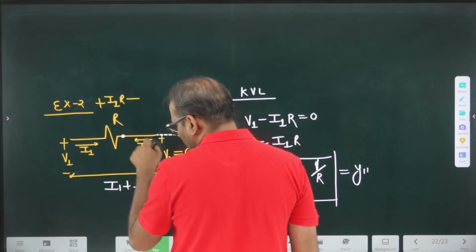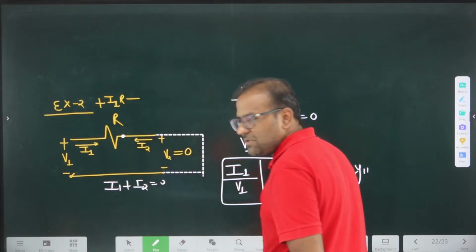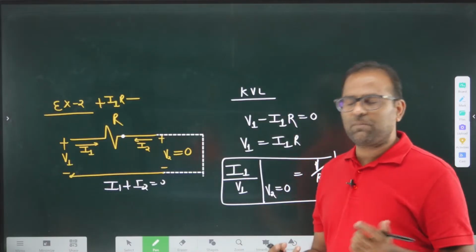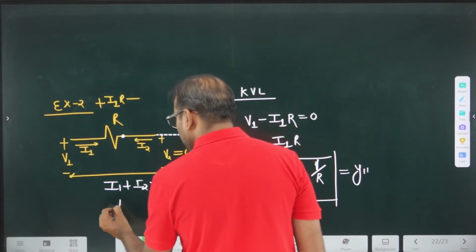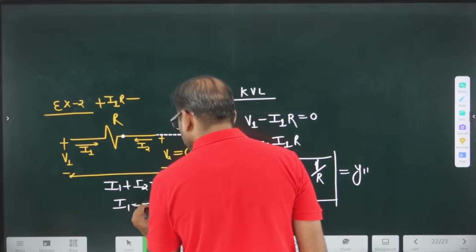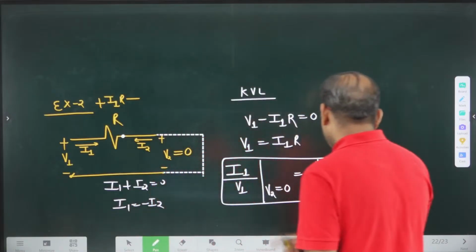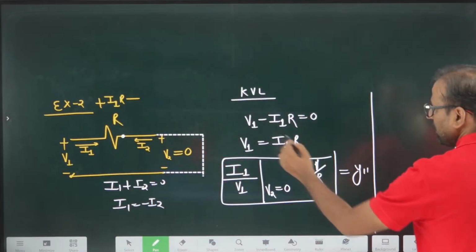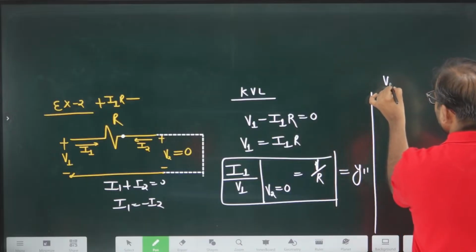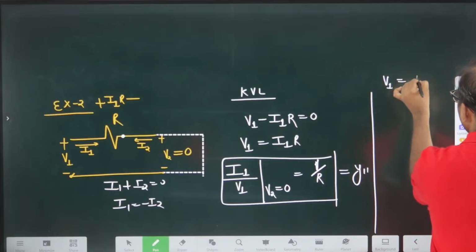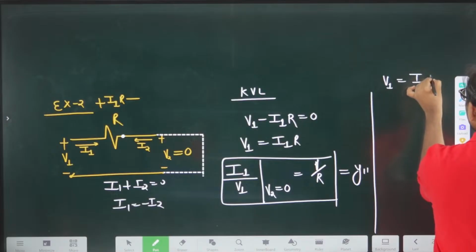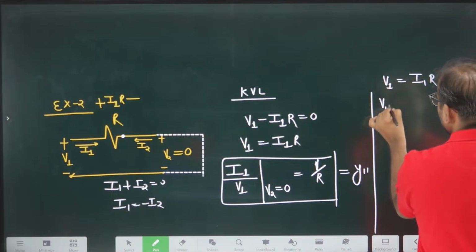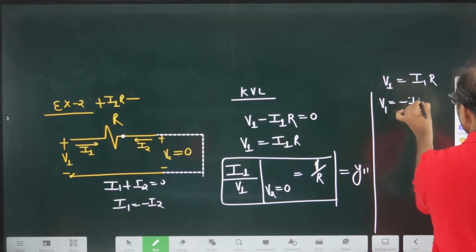Because I2 is also incoming current, I1 is also incoming current. So the sum of these two currents must be 0 at the node. So I1 equals minus of I2. So V1 is equivalent to I1 into R, and V1 is also equivalent to minus I2 into R.